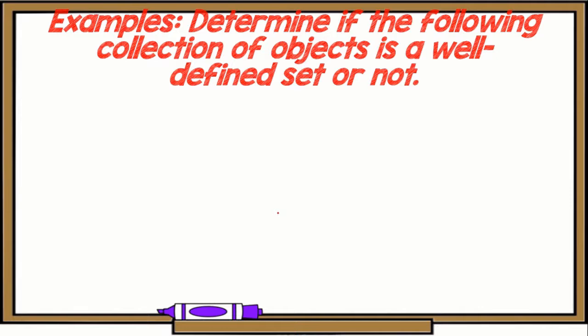Now, let's look at some of the examples. Determine if the following collection of objects is a well-defined set or not. First collection of objects: good students of PSBC. Let's analyze. Is it well-defined? Do we have all the characteristics in order for us to name the elements of the set?